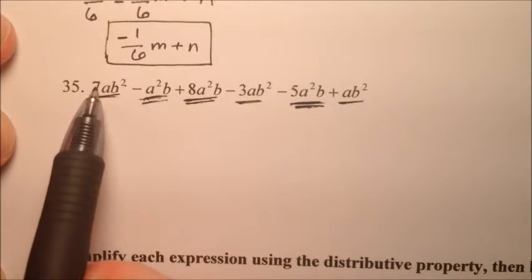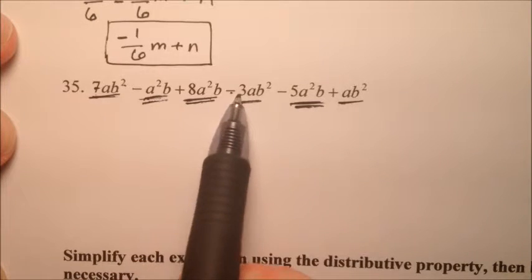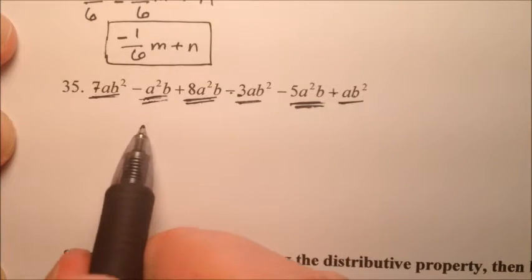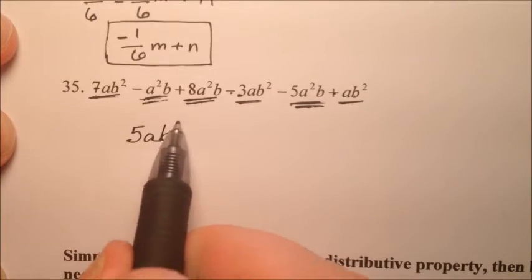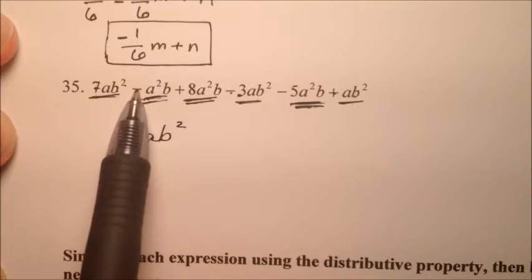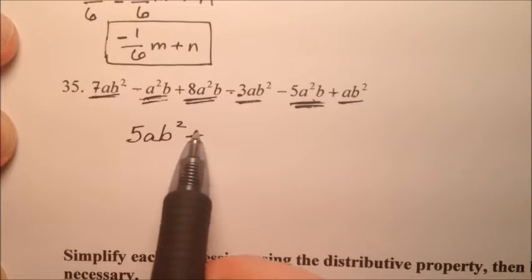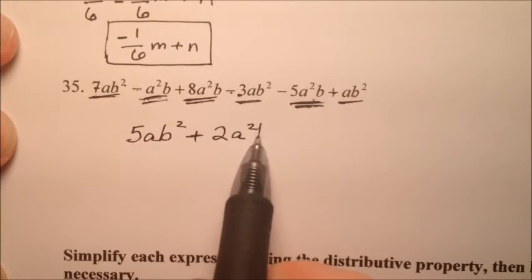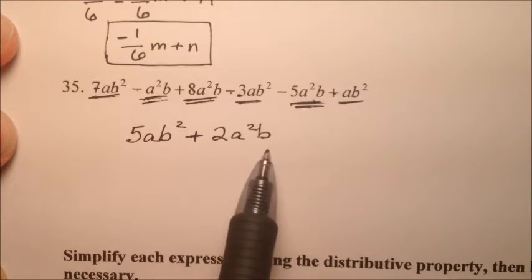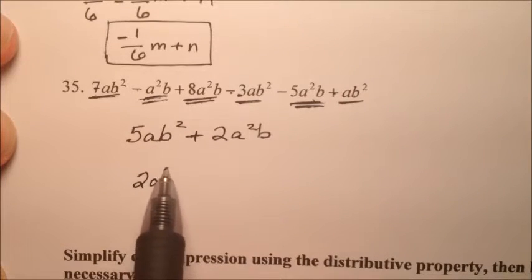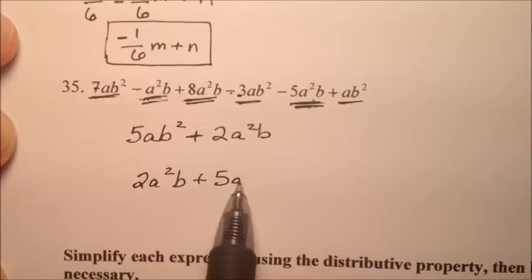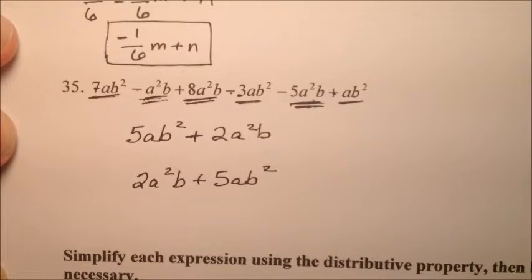So the single underlines are 7, minus 3 is 4, plus 1 is 5, ab squared. And then the others are negative 1, plus 8 is 7, minus 5 is a positive 2, a squared b. And again, it doesn't matter what order you put them in. You could just as easily say 2a squared b plus 5ab squared. No big thing.